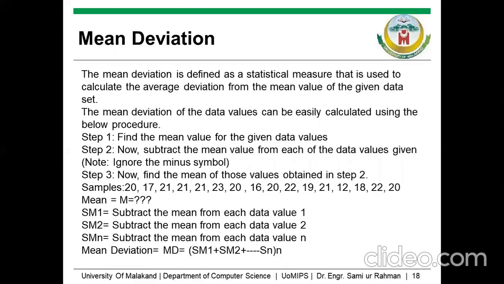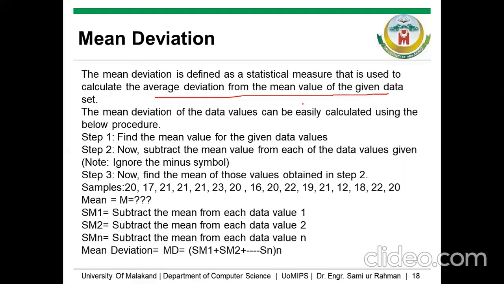Now mean deviation. So what is mean deviation? The mean deviation is defined as a statistical measure that is used to calculate the average deviation from the mean value of the given data set. So these are important aspects: the average deviation from the mean value of the given data set.